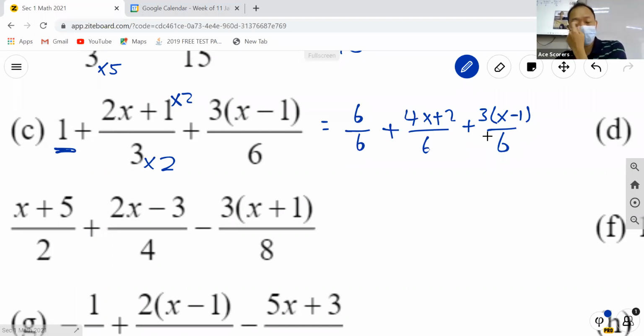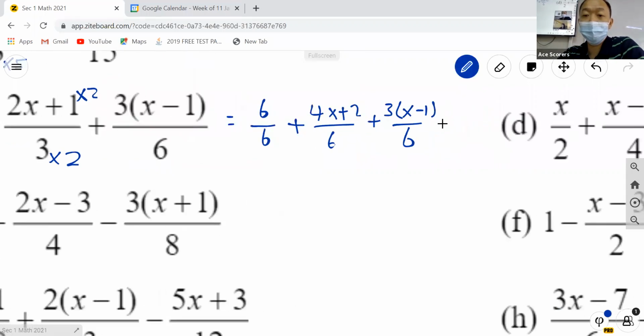Once you have the common denominator, this is easy because they are all addition. So you just plus, plus, plus everything. The denominator is just 6. For the numerator, you add up everything. Must do the rainbow method.